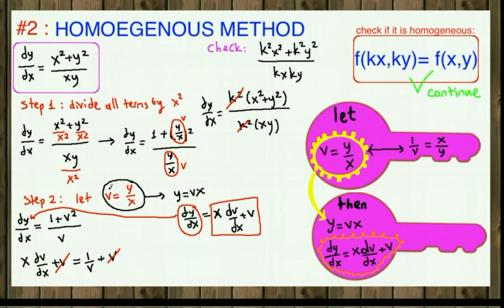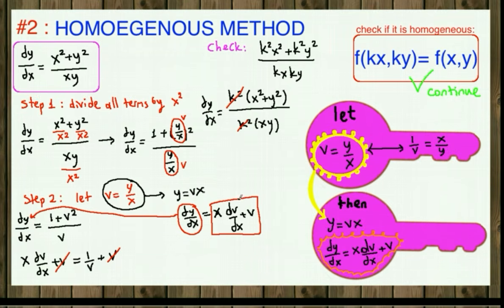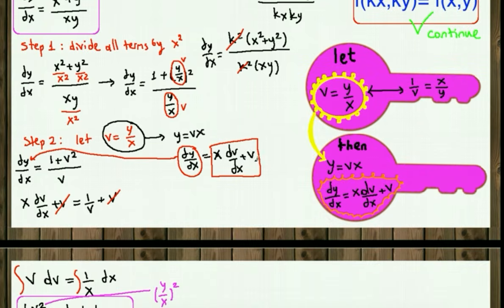And in the second step, we're going to do v substitution. All y over x's will be v, x over y's will be 1 over v. And we're going to differentiate the equation which we derive from v equals y over x. And this differentiation will be substituted with dy over dx. And we're going to simplify the equation and convert it into separable form.